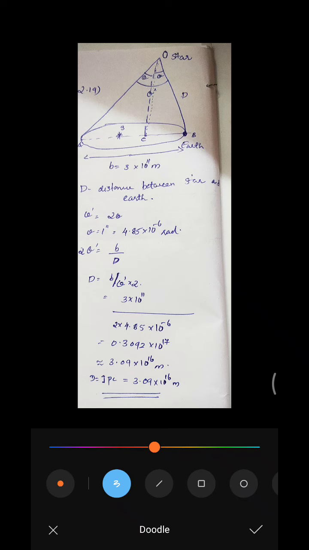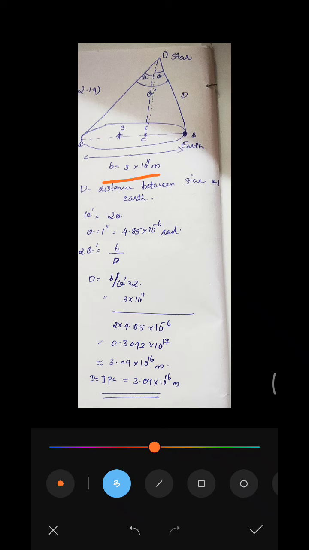So the baseline is about the diameter of Earth's orbit. The value is 3 into 10 to the power 11 meter. So the AB distance, given as small b, is equal to 3 into 10 to the power 11 meter.